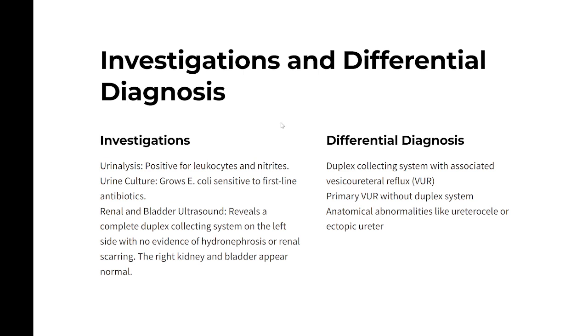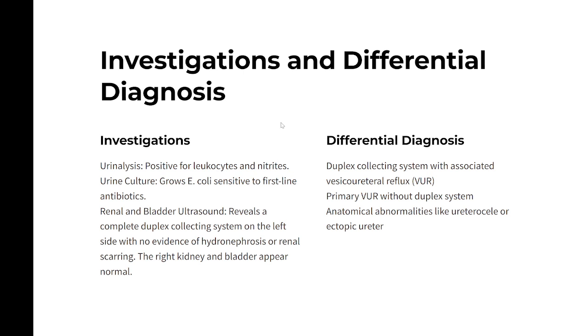Renal and bladder ultrasound reveals a complete duplex collecting system on the left side with no evidence of hydronephrosis or renal scarring. The right kidney and bladder appear normal. Differential diagnosis: duplex collecting system with associated vesicoureteral reflux, VUR; primary VUR without duplex system; anatomical abnormalities like ureterocele or ectopic ureter.